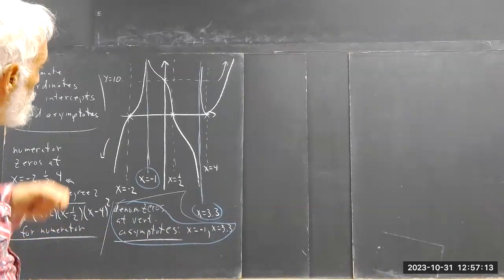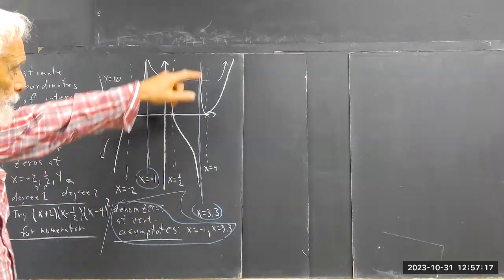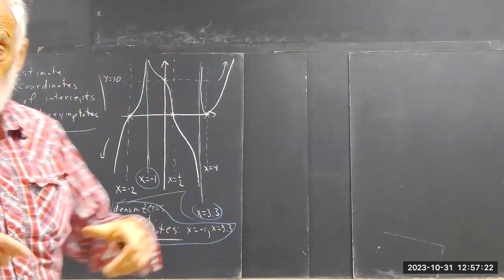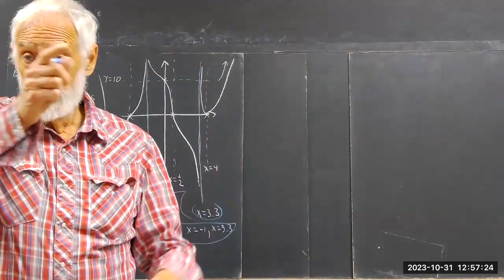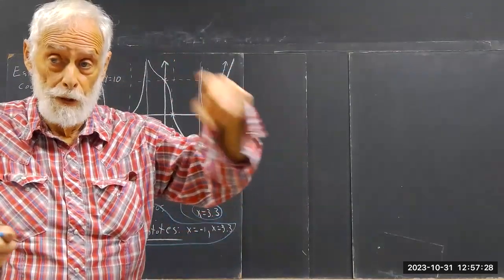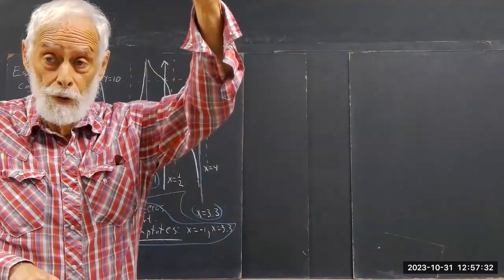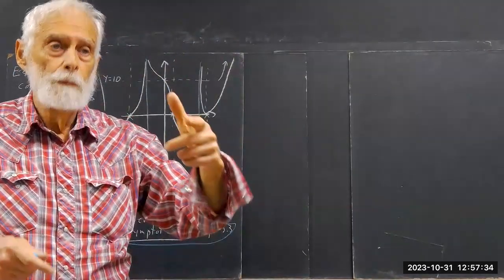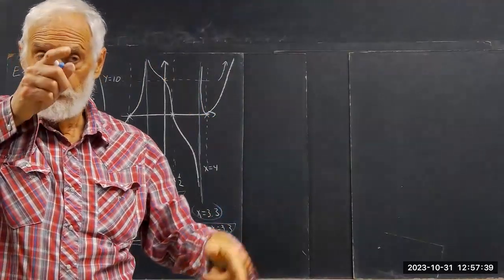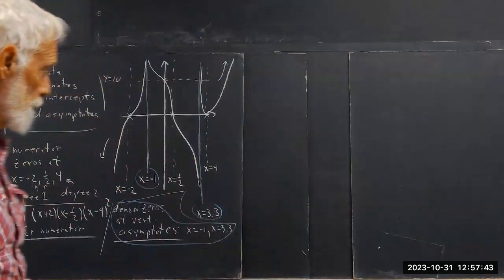Okay, now near this asymptote, it's low on one side, high on the other, right? Well, that's the way the 1 over x function is, like this and like this. Okay, well, actually, from your point of view, it's like this, okay, and like this, right? Approaches the asymptote this way. If you have a negative coefficient, then it's going to flip and it's going to approach the asymptote this way.